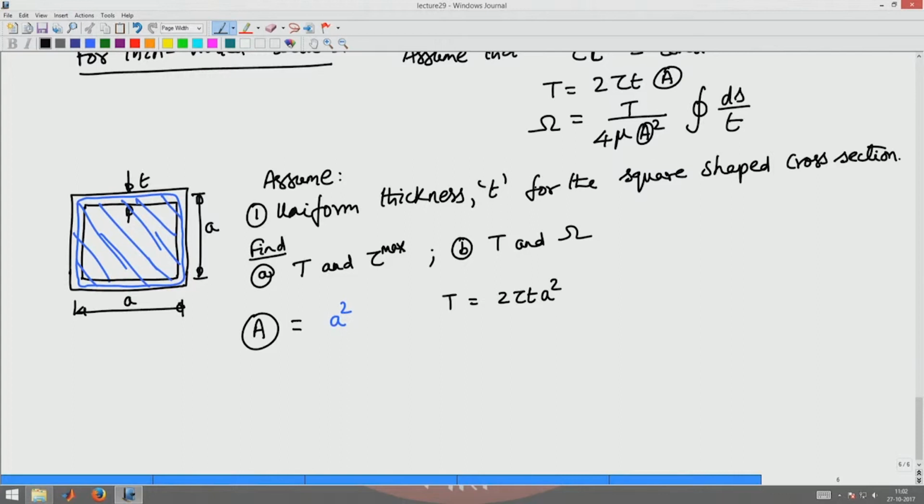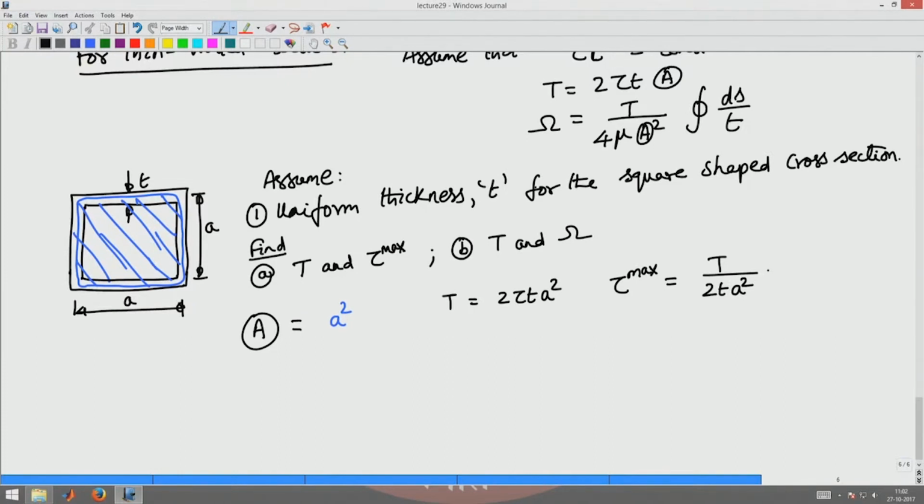Now the thickness is the same in the cross section, so tau max, or the uniform shear stress in the cross section, would be T by 2 T A square.